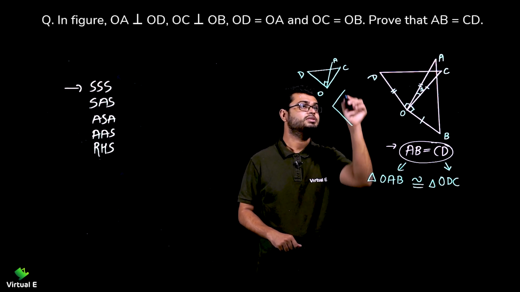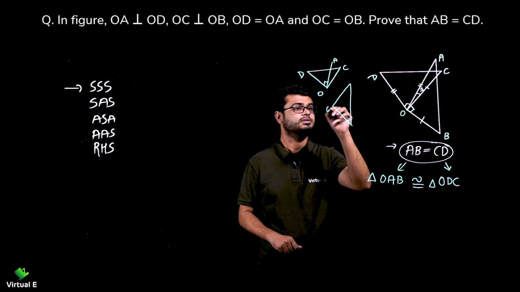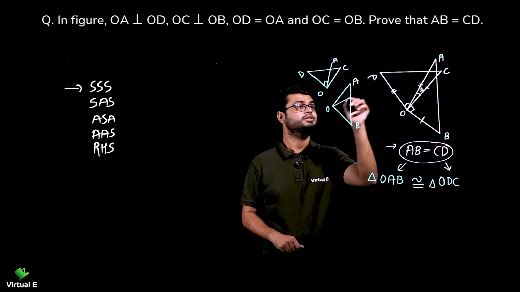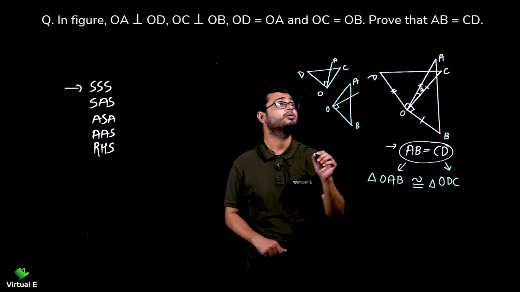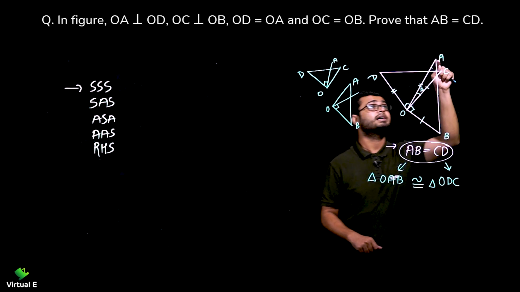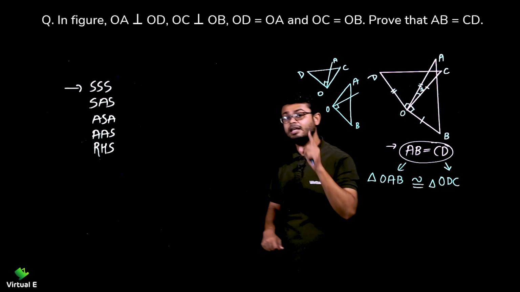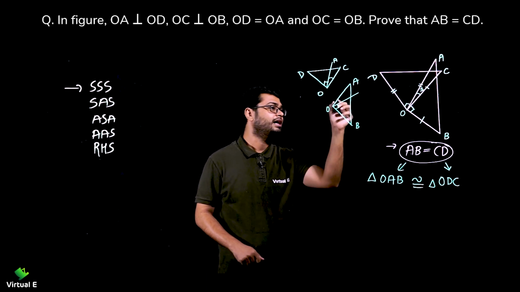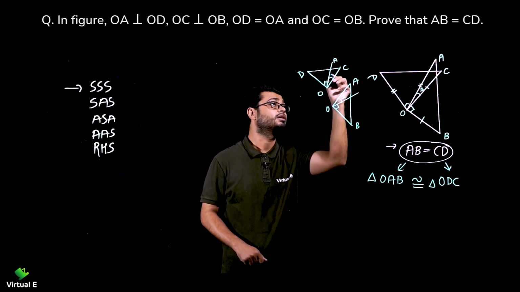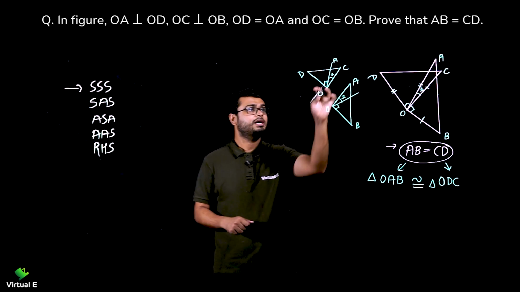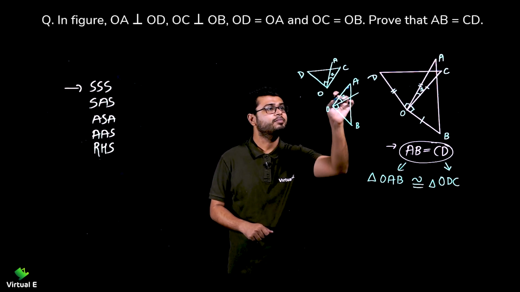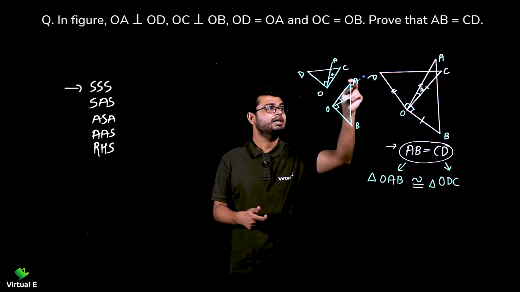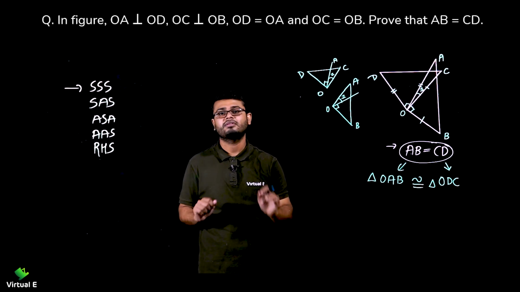So it is something like this, OAB, and somewhere here is C. Now observe this angle AOC. So this is angle 1 here as well, and it is here as well, right? So we are going to do what? 90 degrees plus angle 1 and 90 degrees plus angle 1. So what will we get? We'll get these two angles equal, DOC and AOB. This is what we are planning to do.